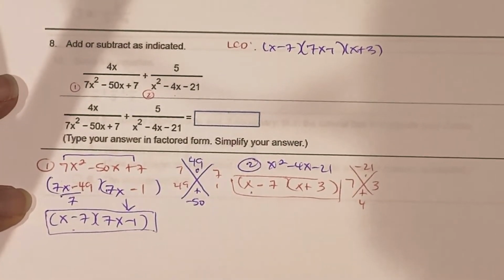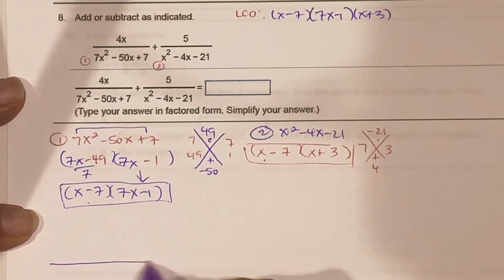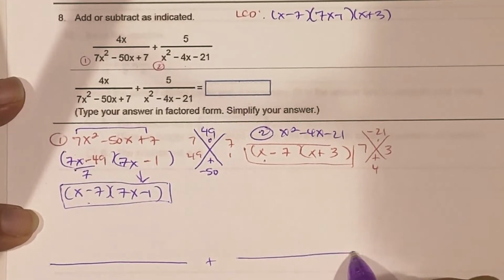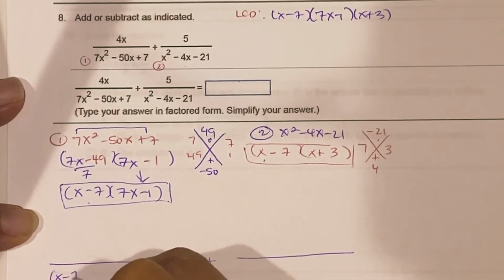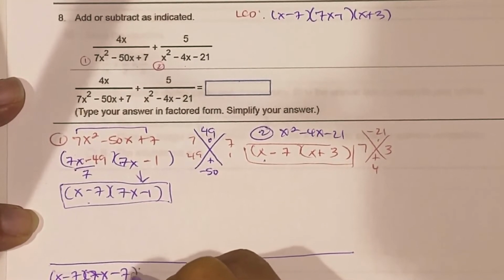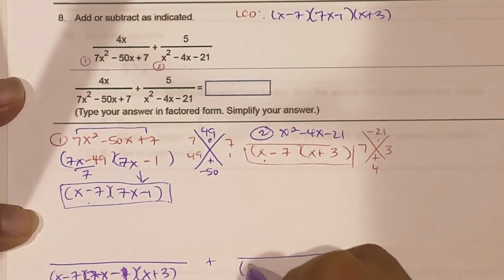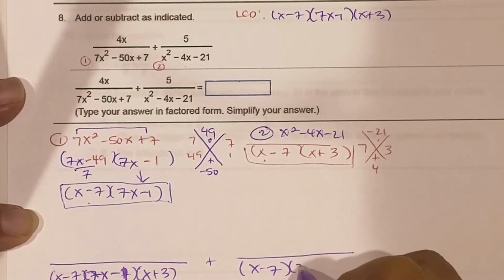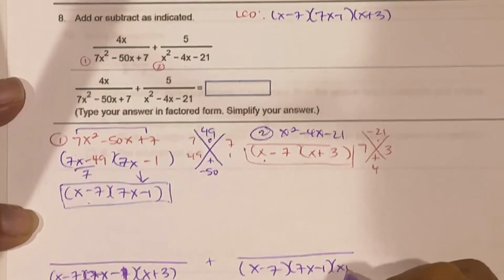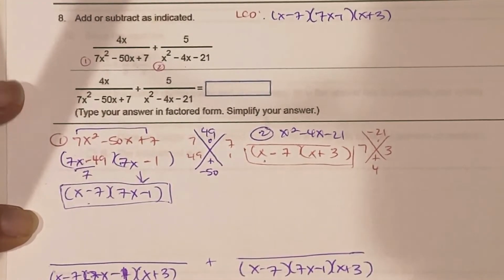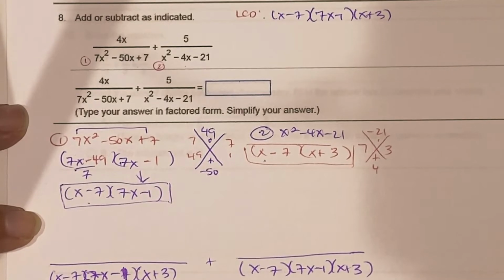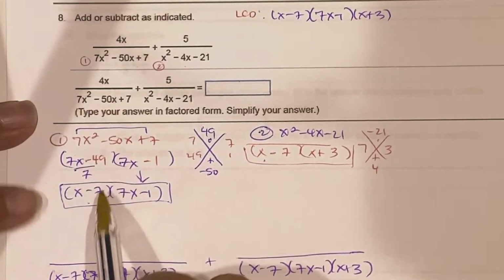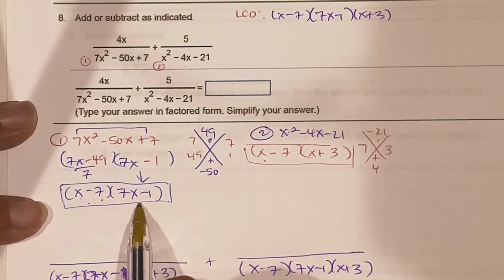So then what we're going to do now is we're going to write a fraction bar plus another one. And we'll write our LCD that we came up with underneath every single piece: x minus 7, 7x minus 1, and then x plus 3. So I wrote my LCD. Now, when we look at our original, we had x minus 7, 7x minus 1.